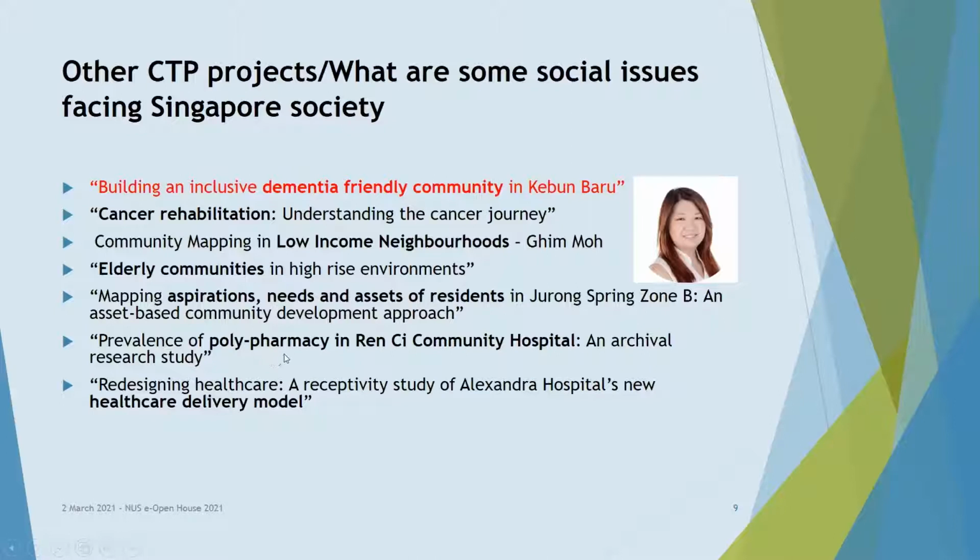Polypharmacy refers to the number of medication that an average elderly person needs because of a whole range of conditions, right? I recall that the definition was if you have 10 medication or more, you qualify under this polypharmacy criteria category. And many elderly people do take 10 medication or more, right?